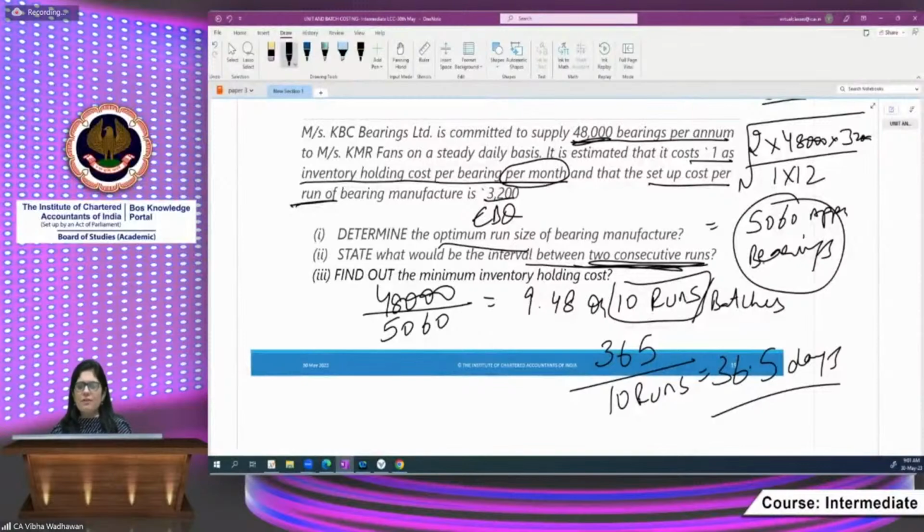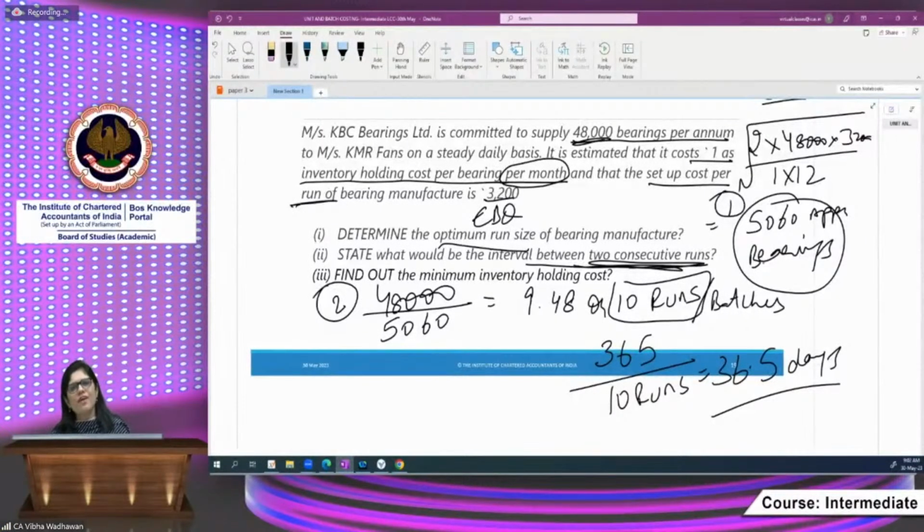First of all, the first step is to calculate economic batch quantity. The second step is to know how many batches you have to run in one year. So you have to run 10 batches to produce 48,000 bearings, with 5,060 bearings in one batch.